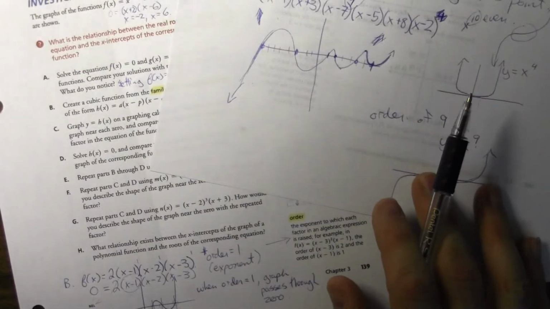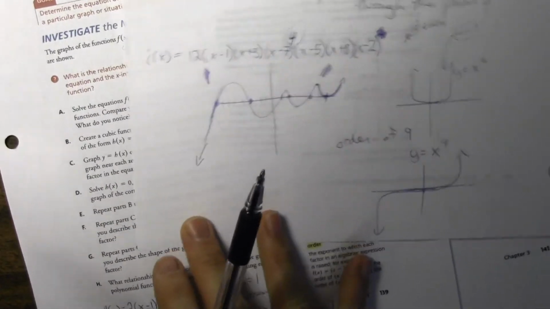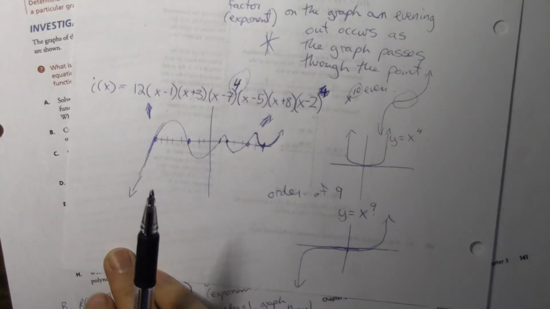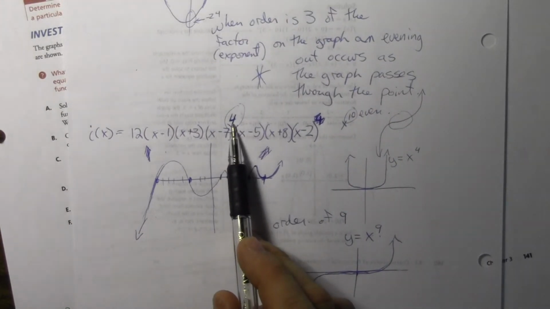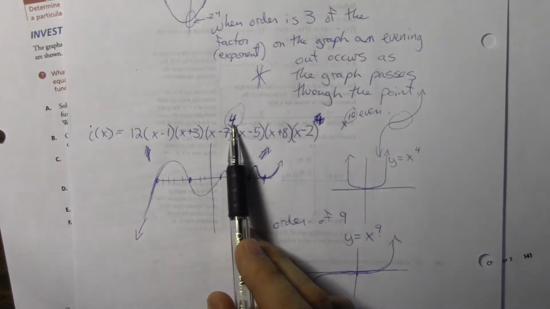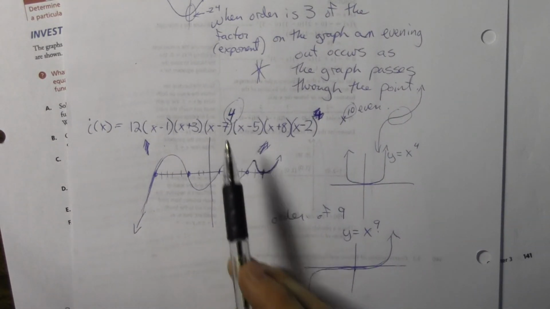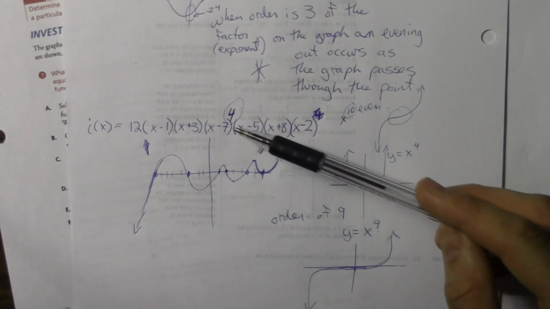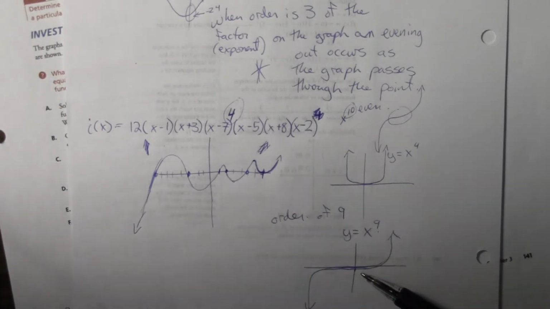I'll repeat it one more time. Remember the order is the exponent. Depending on whether the exponent is even or odd determines whether there's a turning point if it's even, or whether there's just a flattening out in the same direction if it's odd.